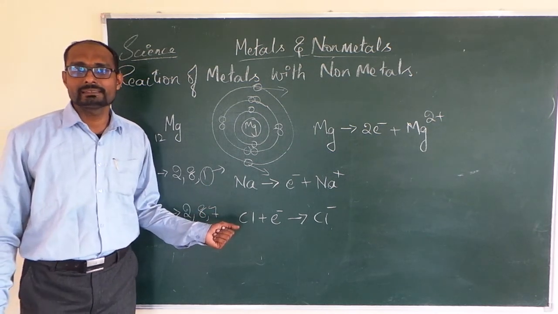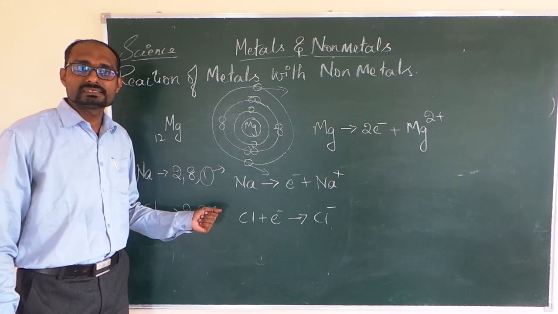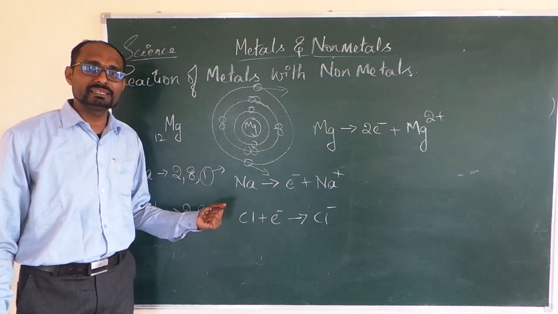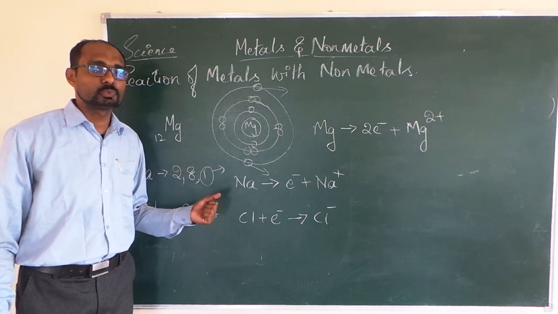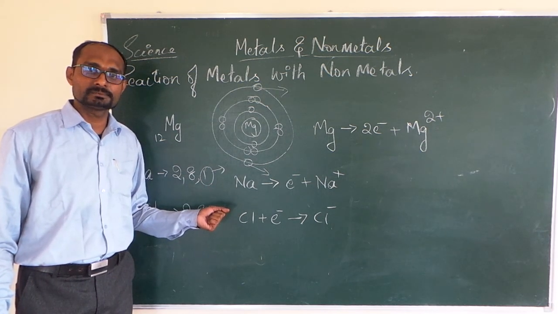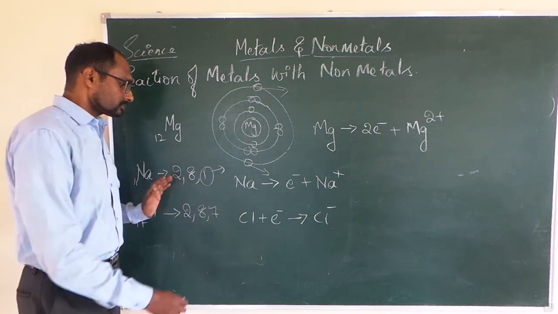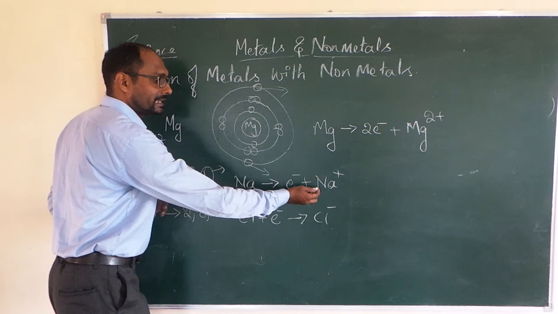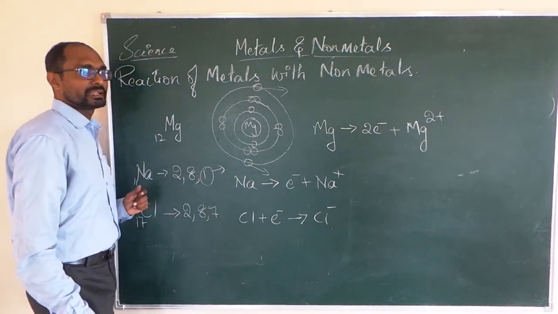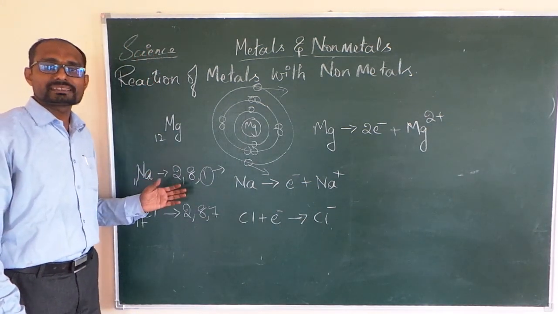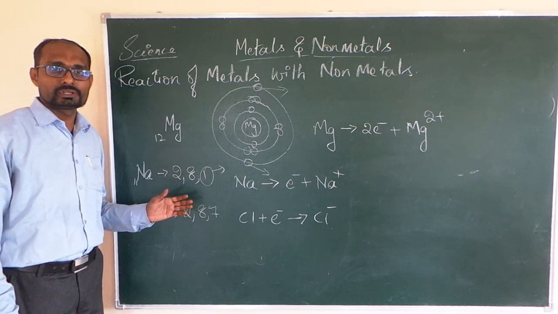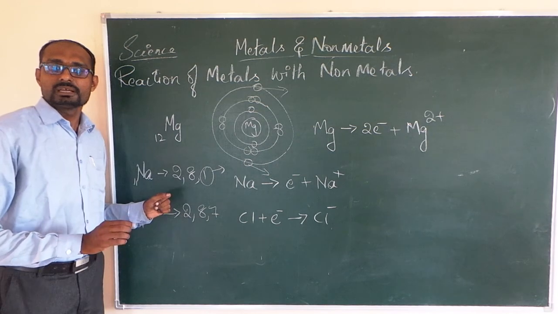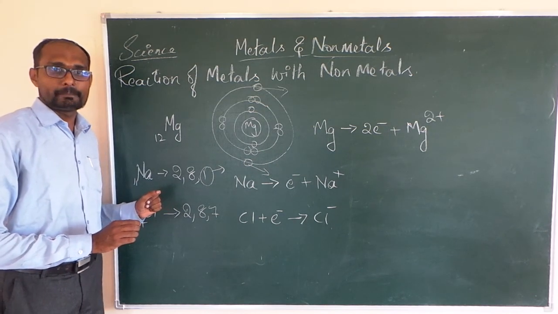On the other hand, all non-metals will have a high electronegativity, that means the ability to gain electrons to become negatively charged. Okay, so this is how ions are formed. So we have a metallic ion, we have a non-metallic ion. Now this metallic ion and non-metallic ion combine with each other to form a compound. Let us see how that happens.